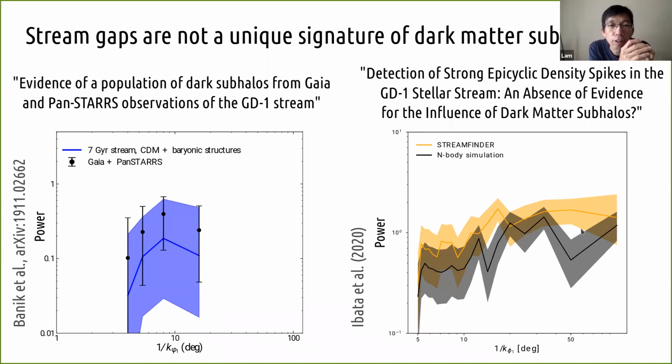Sorry, can I ask you a few questions about these very interesting plots? Yeah. First of all, on the y-axis, when it's plotted power, this is the power spectrum of fluctuations, basically in density along the stream. Is that what it is?